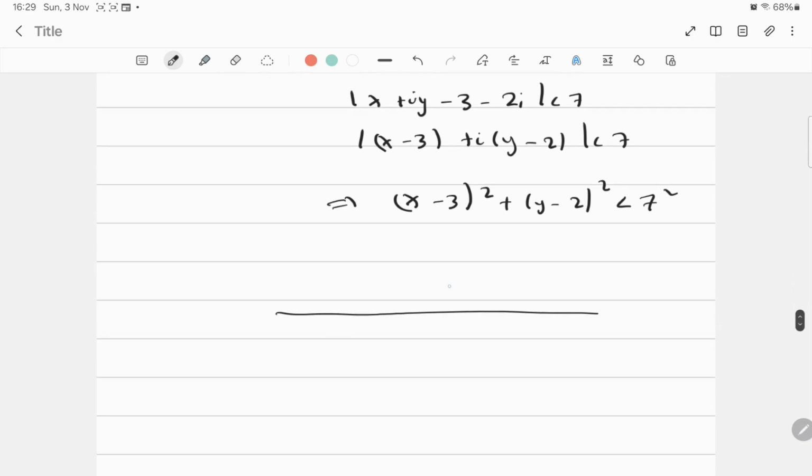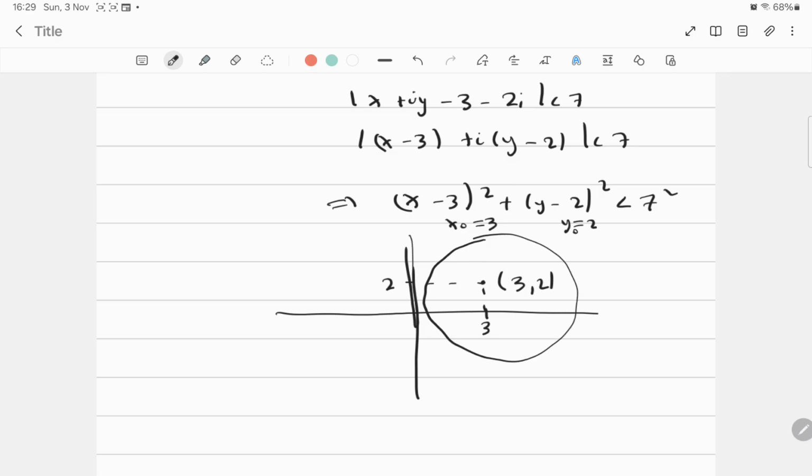So I have a circle centered at these points, x naught equals 3, y naught equals 2. The center of the circle is here, and the radius is equal to 7. So I want all the points that are inside the circle. This is the locus of complex numbers. I want only the complex numbers that lie inside this circle.